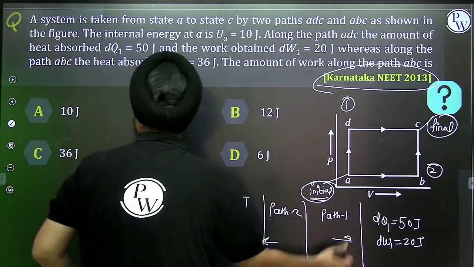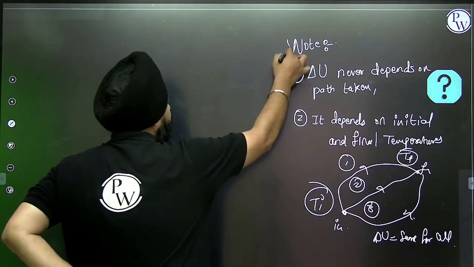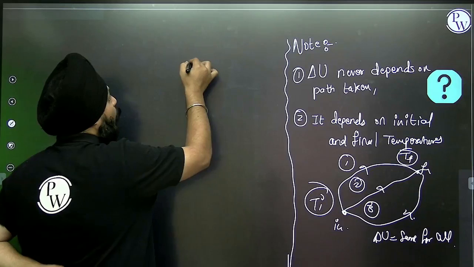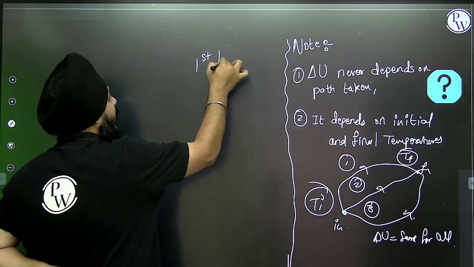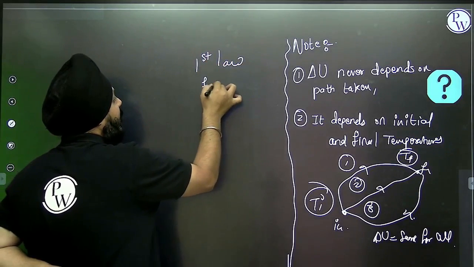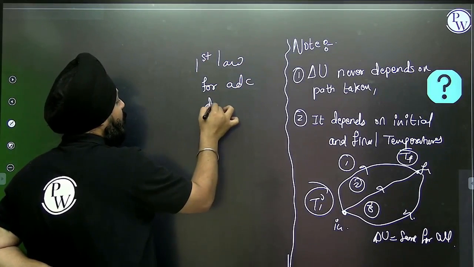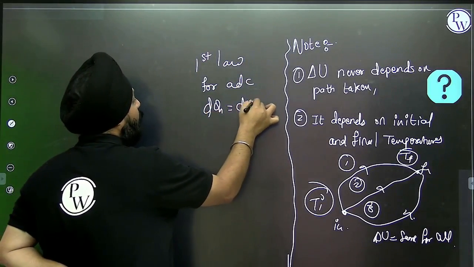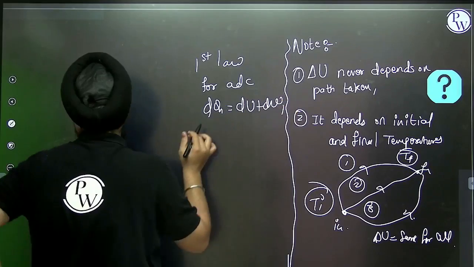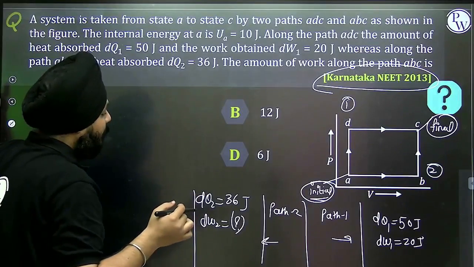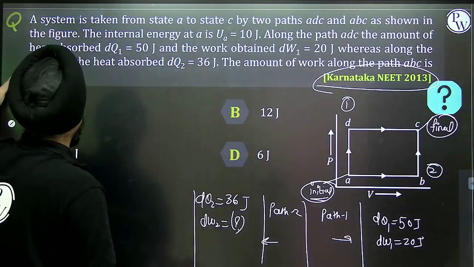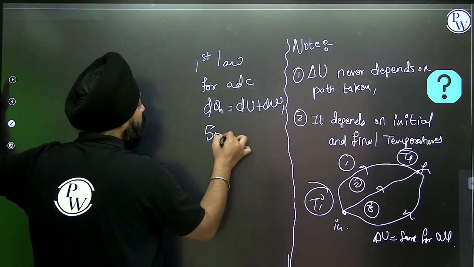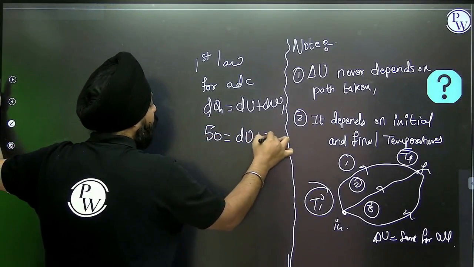So applying the first law of thermodynamics, for path ADC, dQ1 is equal to dU plus dW1. What is the value of dQ1 and dW1? 50 and 20. So 50 joule equals dU plus 20 joule.